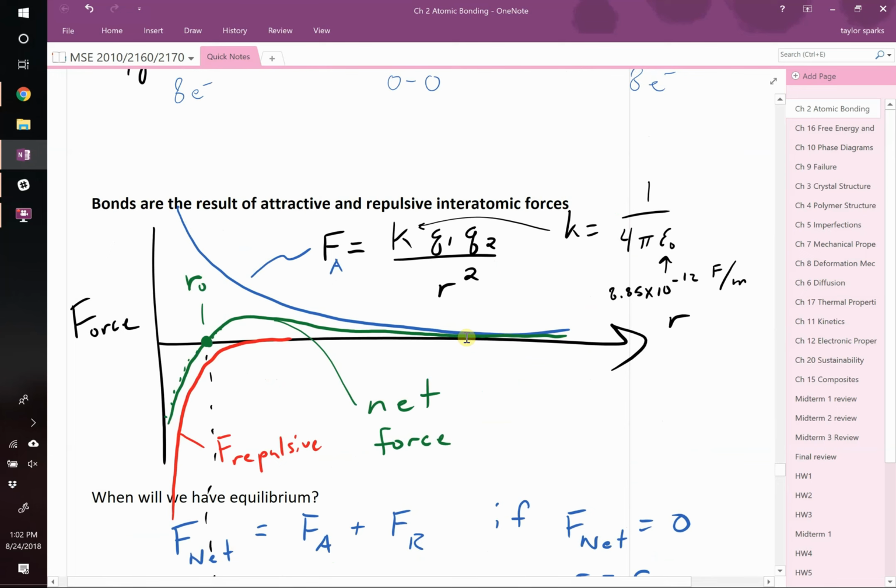Okay, any thoughts? How could we guess the value of M? Any thoughts?